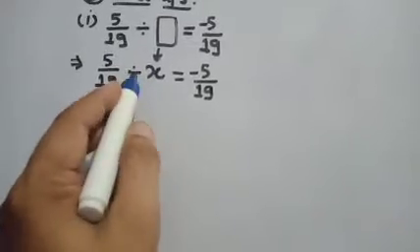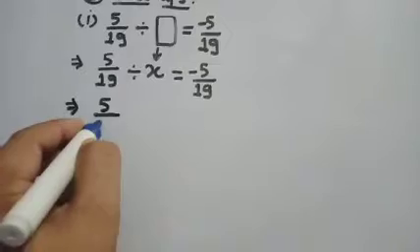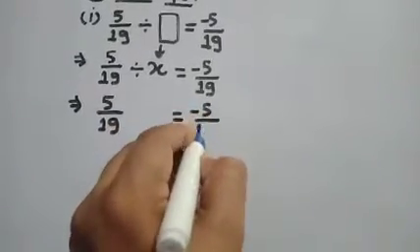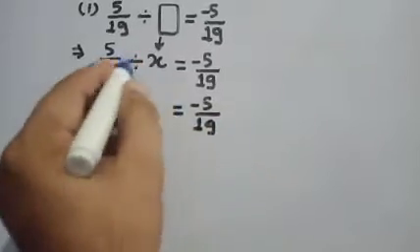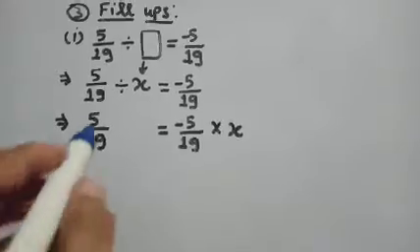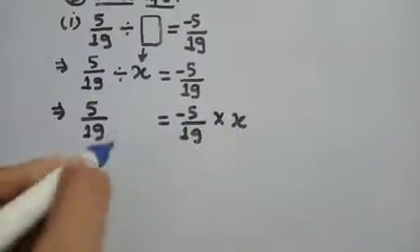Now the division symbol will go to the right side. 5/19 is equal to minus 5/19. Focus here. Divide moves to the right side as multiplication. You know the transposition, division will move to multiplication.